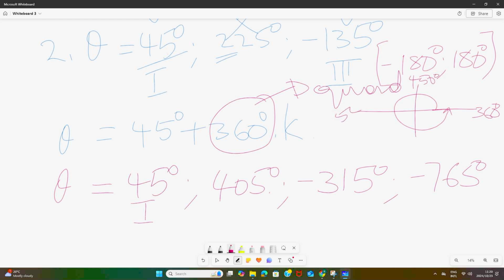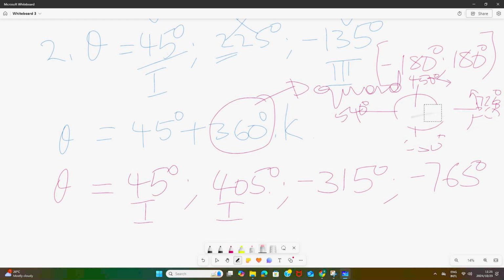It's 540 here. It's 630 here. Then it will close at 720 degrees. Then 405 is greater than 360, but less than 450, which means it is also in which quadrant? In the first quadrant.